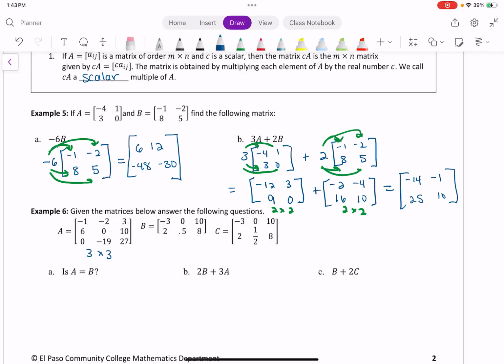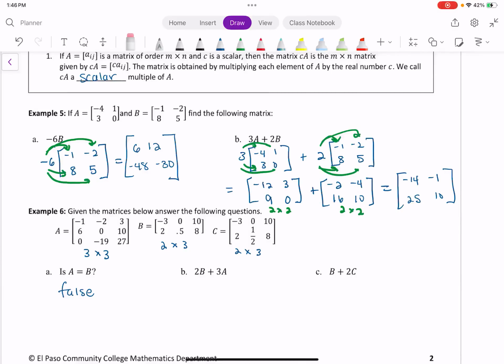Matrix B has a size of 2 rows and 3 columns. Matrix C has 2 rows and 3 columns. Question A, is A equal to B? Remember that we have to have the same order and the same elements. We do not have the same order, so this is false.